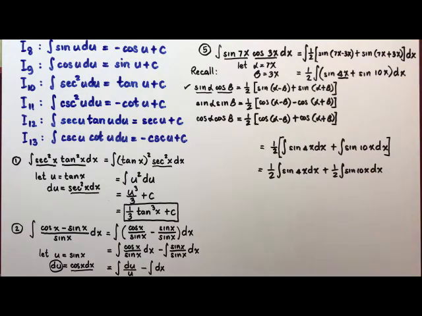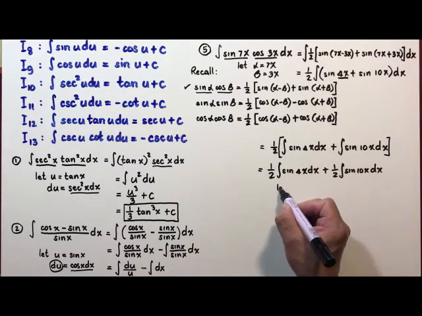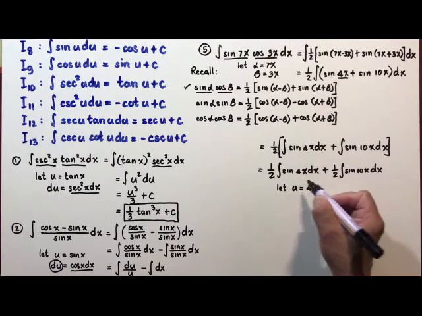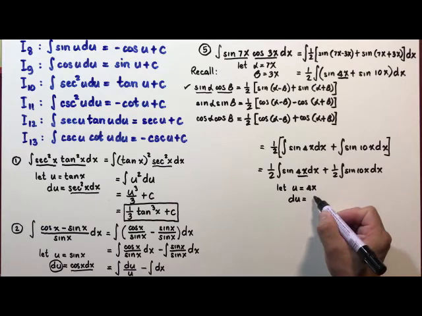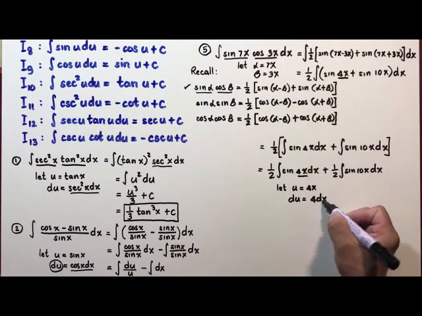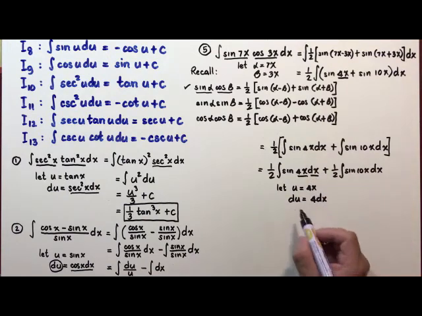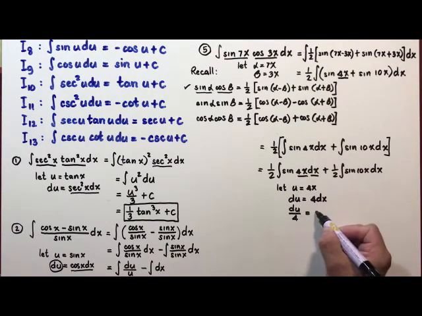And I can apply the u substitution here. If we let u be 4x, our du will involve 4 dx. But I don't have 4 dx there, I have only dx, so I need to divide both sides of the equation by 4. So this is our value of dx.